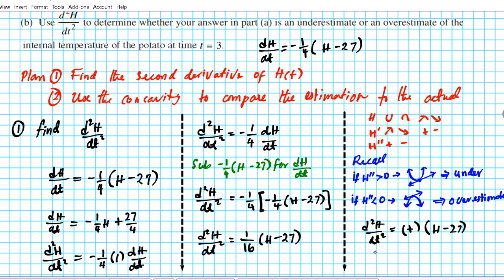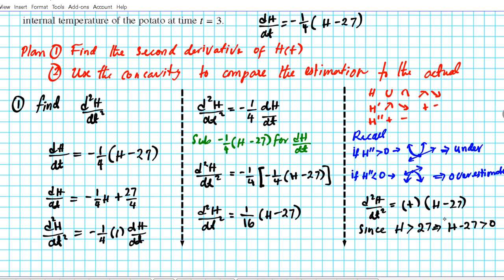So since it's stated in the problem that h is always greater than 27, what does that mean? The difference between h and 27 is going to be positive. It's going to be greater than 0. Okay, for example, h could be 28, so 28 minus 27 is positive 1. So since h is always greater than 27, this difference will be positive.